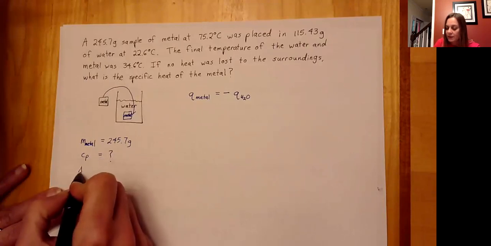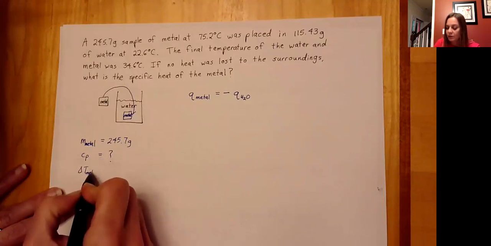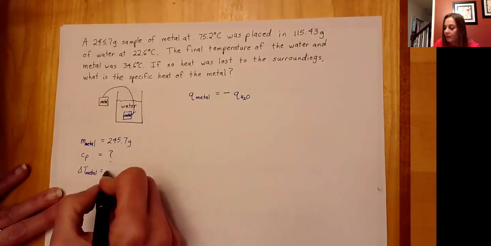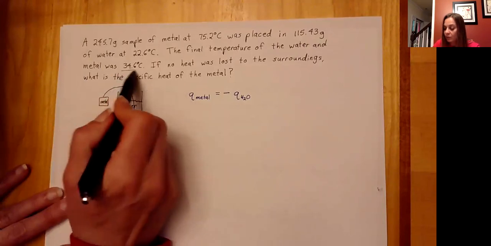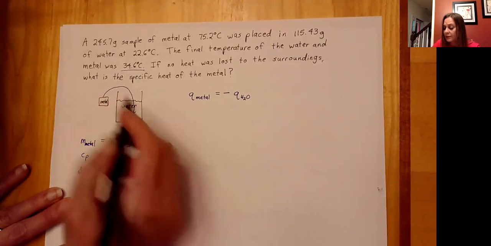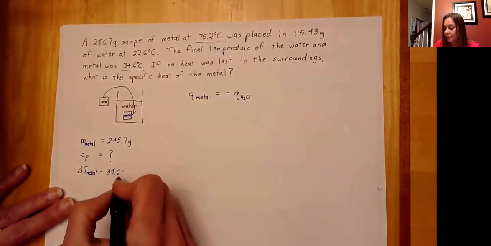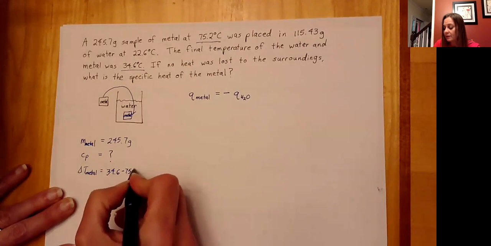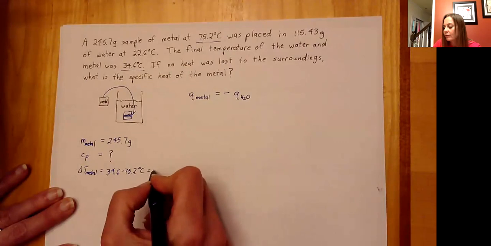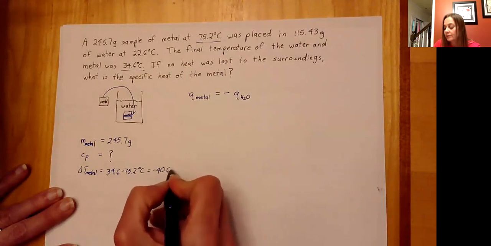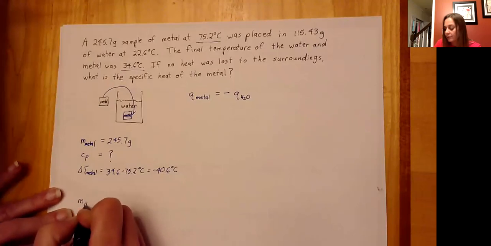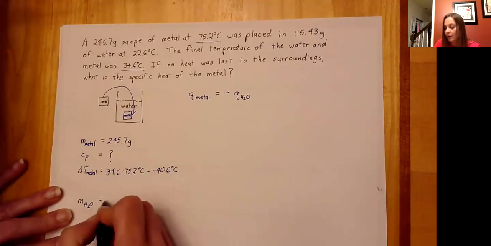And the delta T for the metal, the change in temperature for the metal, is final temperature, 34.6 degrees Celsius, minus the initial temperature, which is 75.2 degrees Celsius. And so that's going to give us a negative 40.6 degrees Celsius.